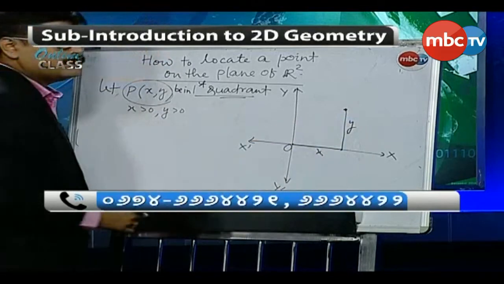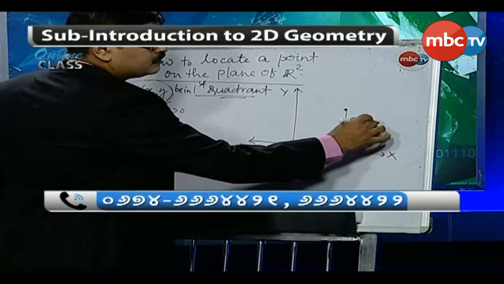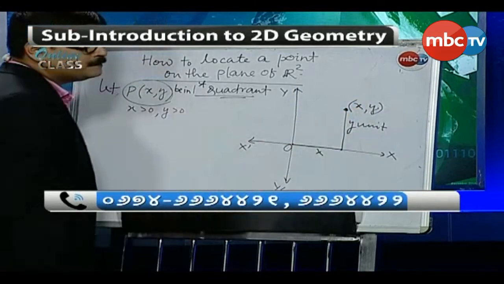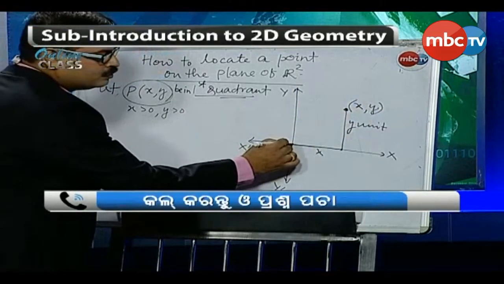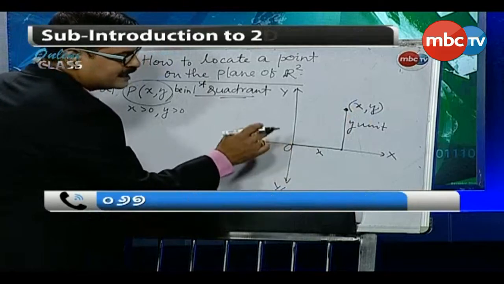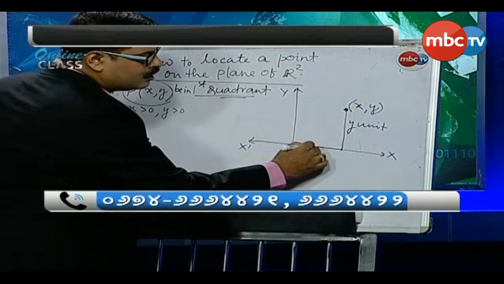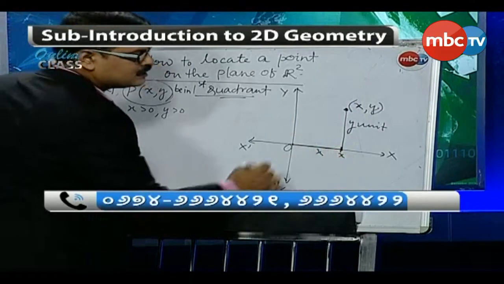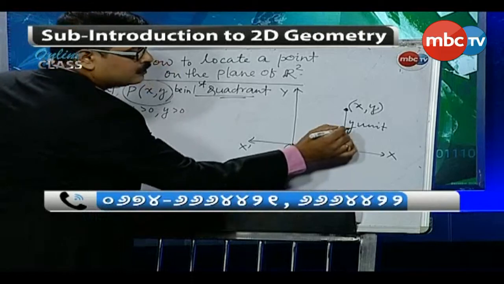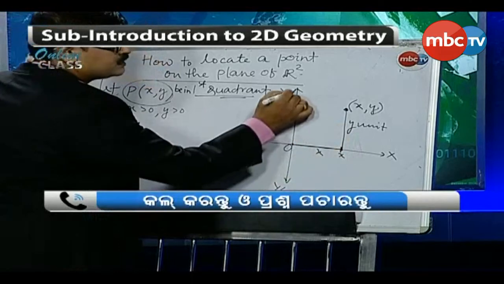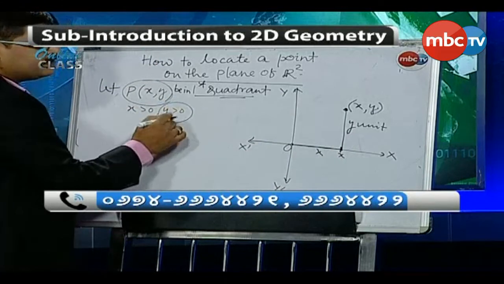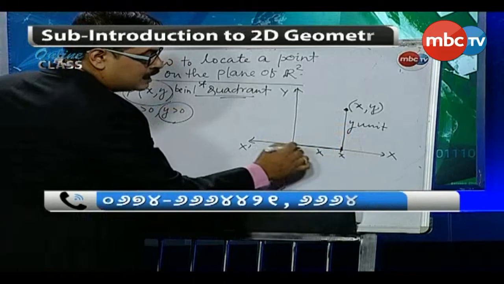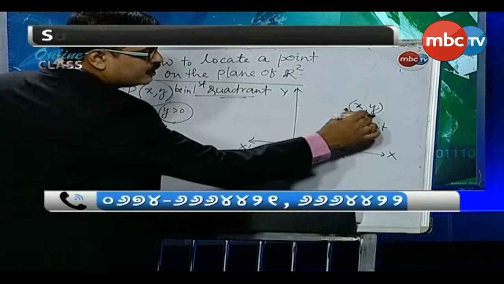Whatever point you get will be our (x, y). We have taken y positive, so we are moving in the upward direction. Wherever you reach, that point will be (x, y).